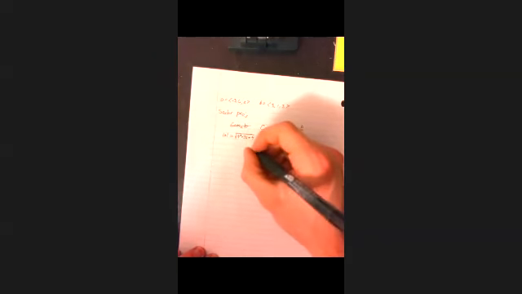So what we need is the magnitude of A. The magnitude of A is going to equal the square root of 9 plus 36 plus 4, which is equal to the square root of 49, which equals 7.